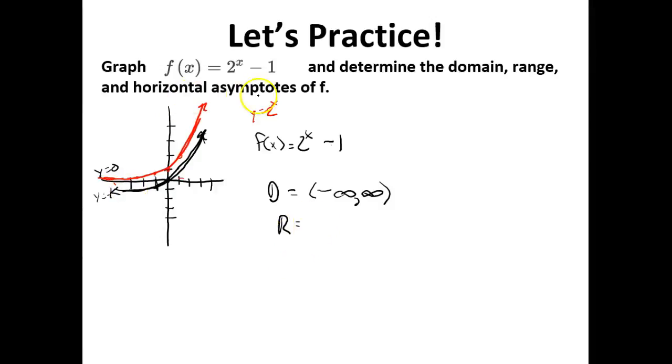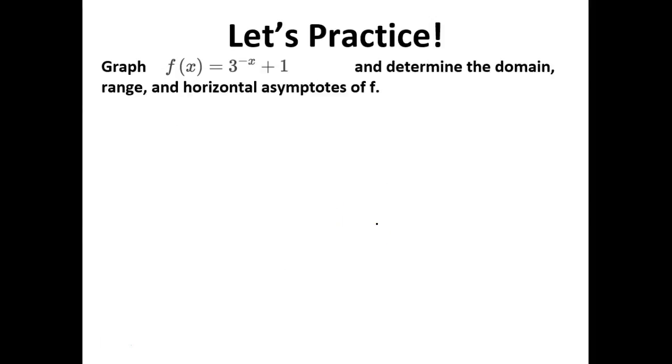That means as x gets really, really large in the negative direction, approaching -infinity, this graph is only going to approach -1. It's never going to actually equal -1. So the range is from -1 and the graph just keeps going higher and higher. It's an increasing graph. So from -1 to infinity.